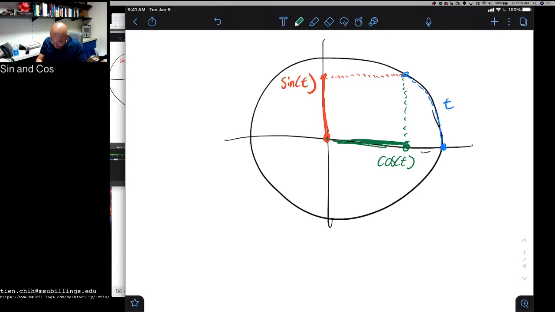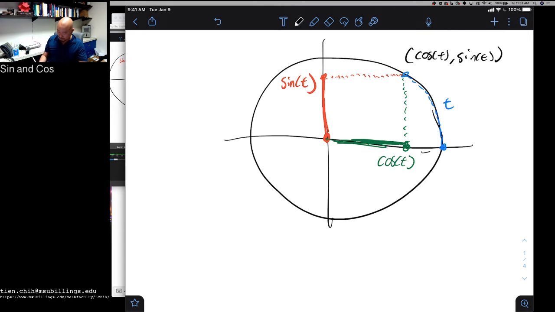And so one way to think about both cosine and sine is as the coordinates cosine of t, sine of t, as you traverse around the circle.